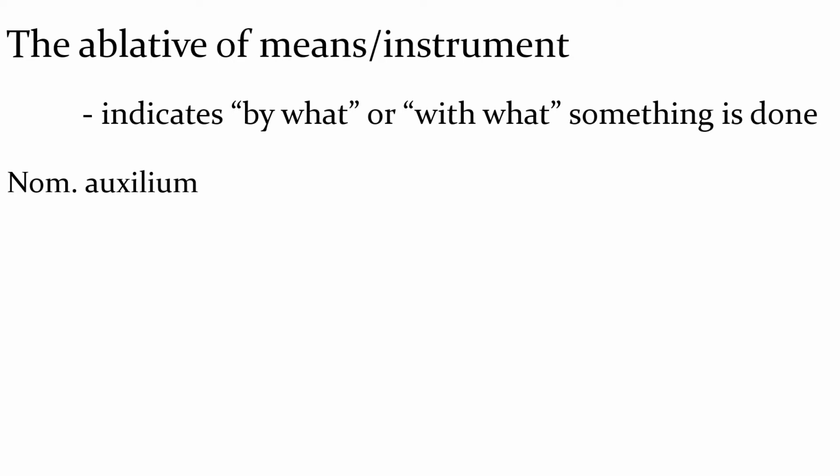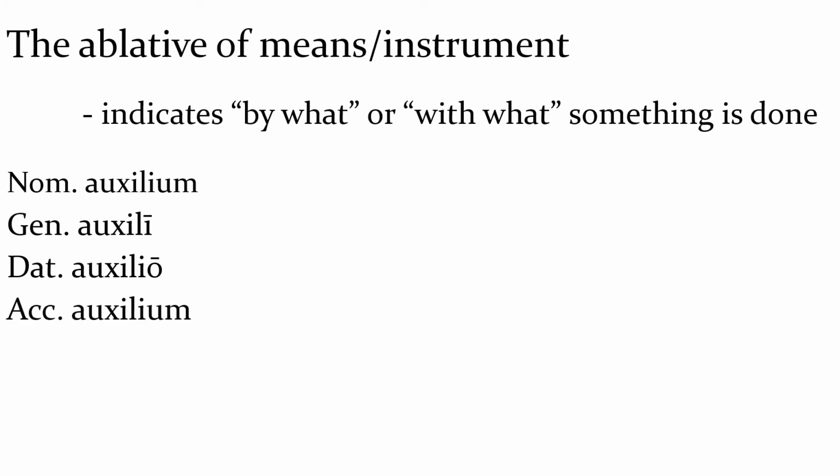So this construction indicates by what or with what something is done. So if we take the word auxilium, which means help or aid, auxilii is of help or of aid. Our dative is auxilio, which is to help or to aid. For a noun, that's kind of strange. Auxilium, remember that the accusative is always the same as the nominative when we deal with a neuter word. And there's our ablative, auxilio.